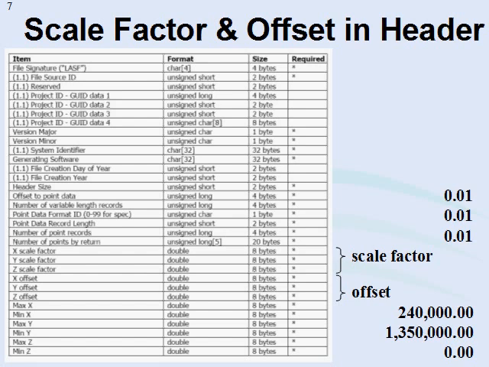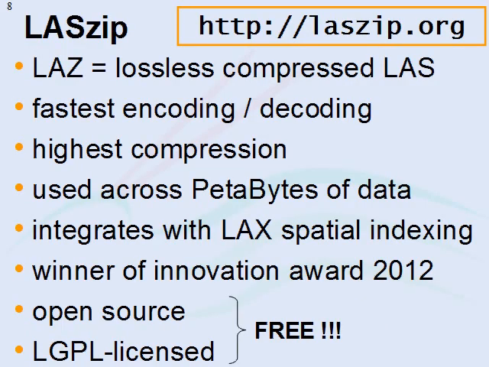And in order to keep the integer small, you don't want to work with numbers that are far shifted away, like the typical UTM projection or other kind of projection. So we have an offset that we also add to the number, which gets us to the final location. And this combination of scale and offset allows us to use integers for the coordinates, and those in turn allow for very efficient and for lossless compression.